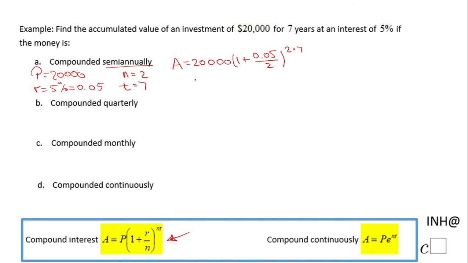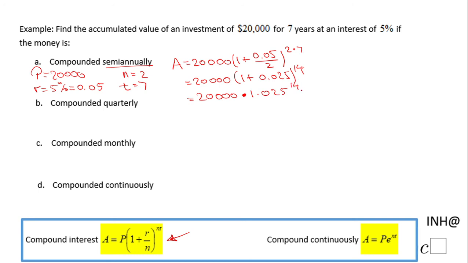And we can do some simplification here. 20,000, 1 plus 0.05 divided by 2 is 1.025 to the power of 14. And that will be 20,000 times 1.025 to the power of 14.